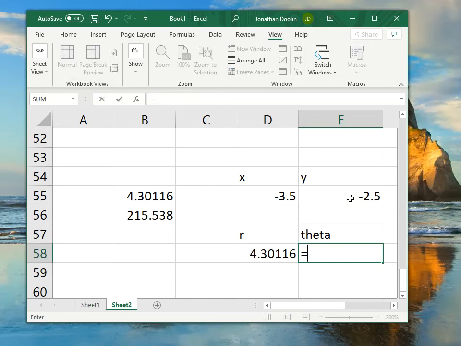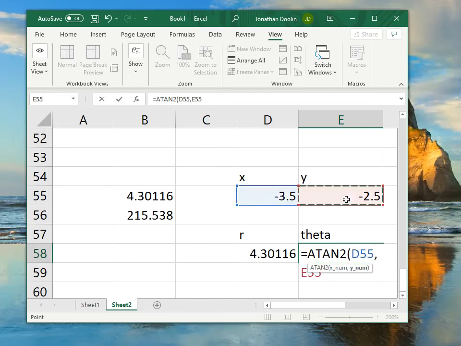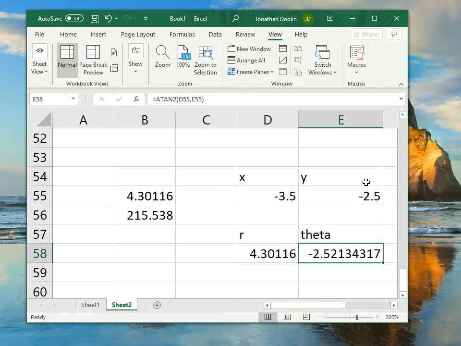Then theta equals atan, but this time I'm going to use atan2 of, sorry, it actually tells me down here x num, then y num, so x num comma y num. Remember that it's dividing y num by x num.